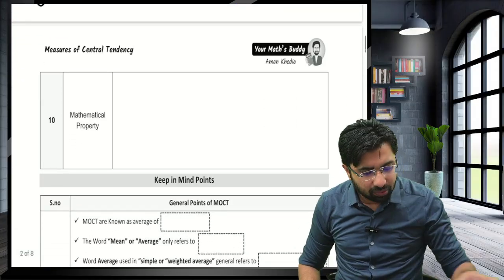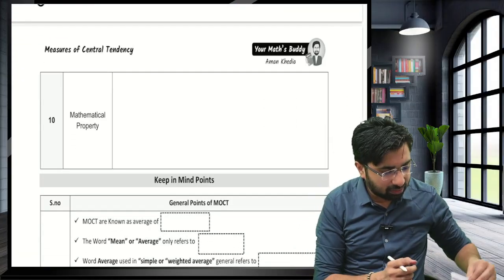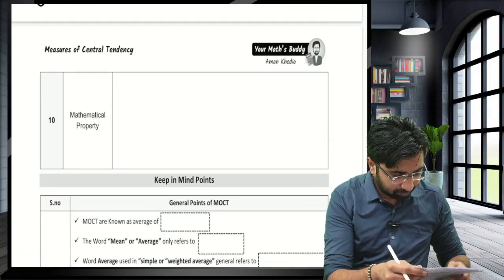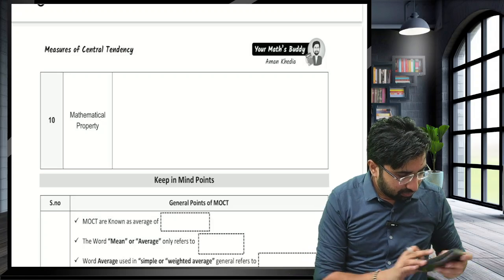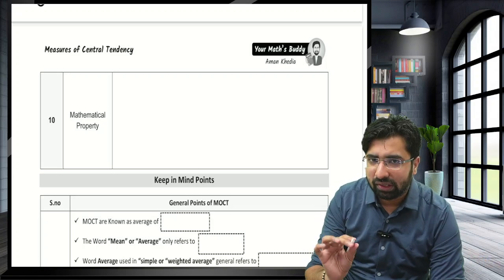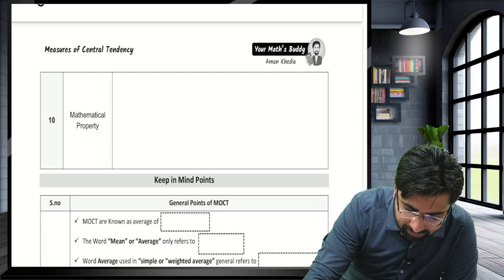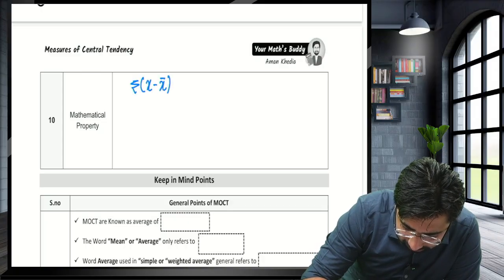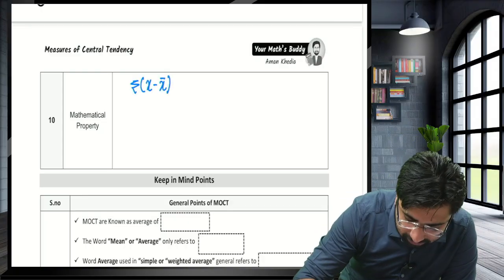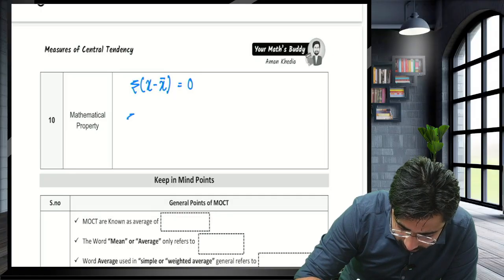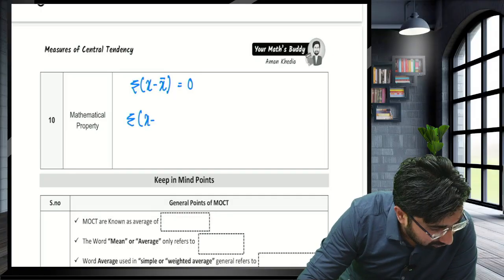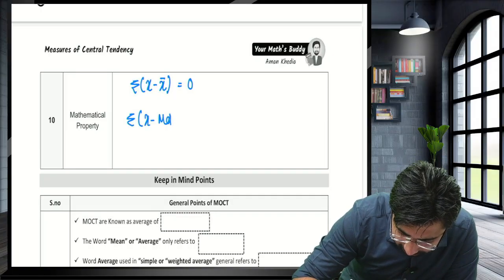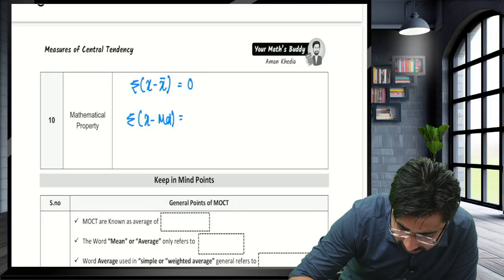Now, write down some mathematical properties. We have already written this, but still, write down.